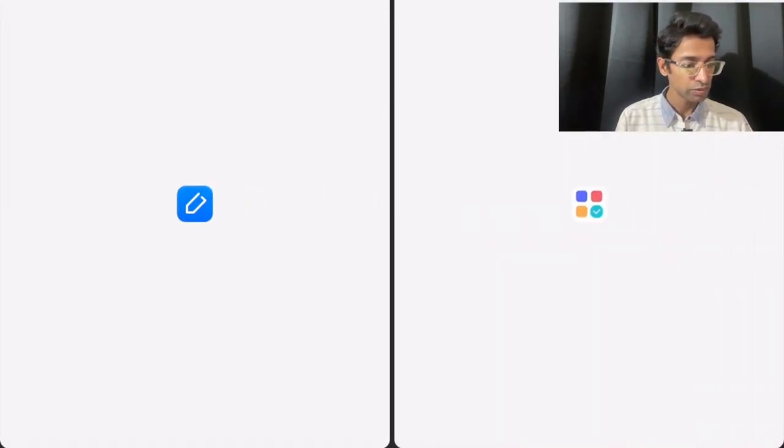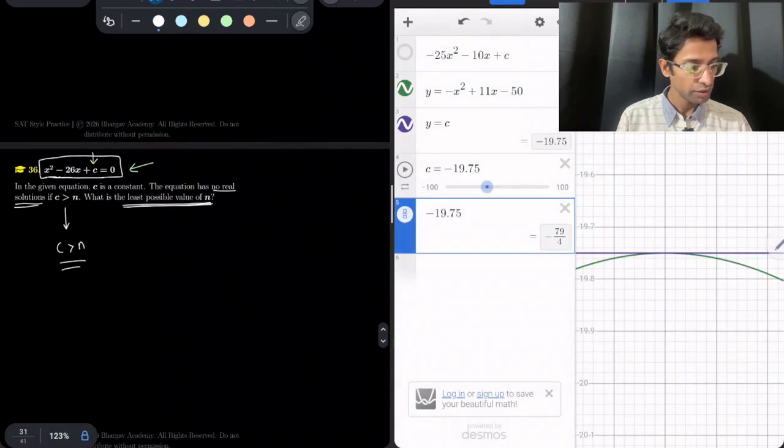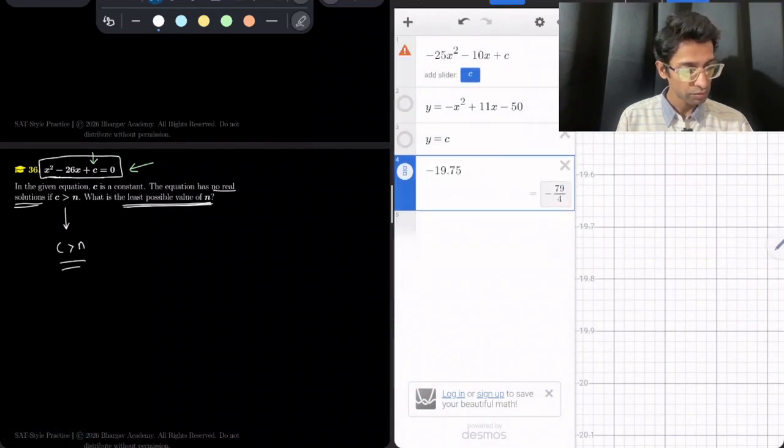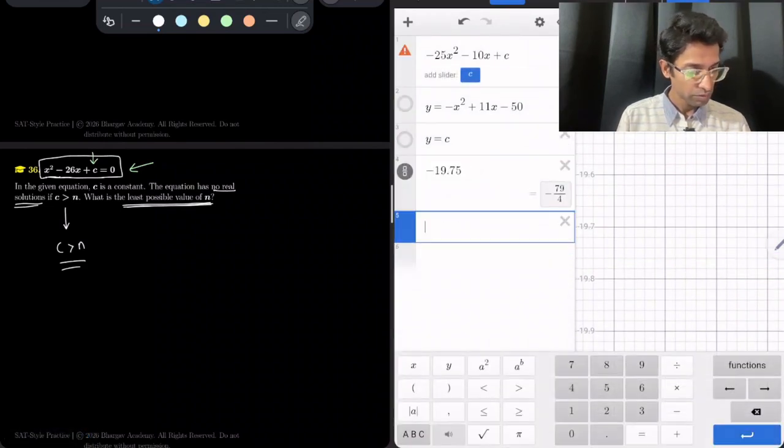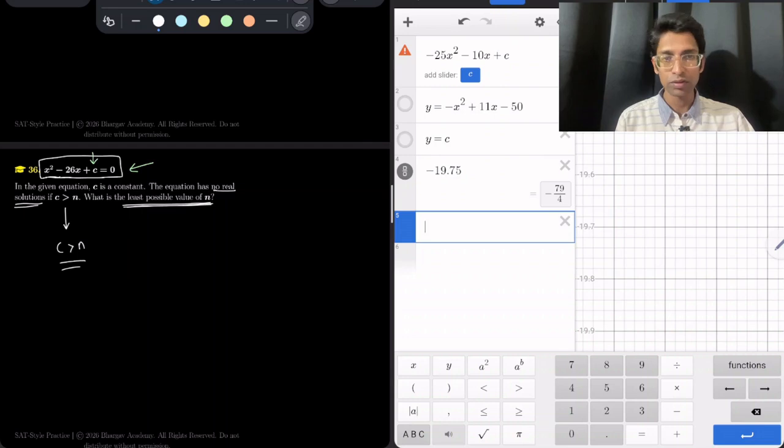So let's go to Desmos. Let's erase the past memories. Please make sure that you do this particular task. Please make sure that none of the past remains when you're typing in Desmos. Otherwise, those past values can interfere with your present ones. So let's type this one.